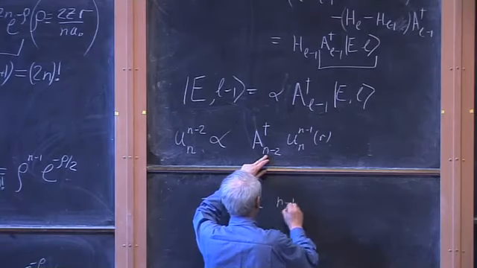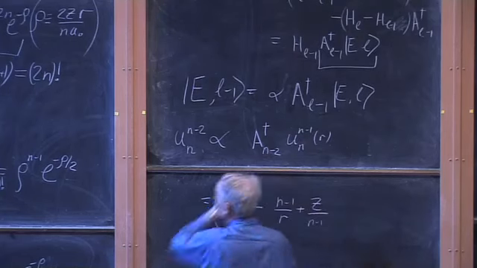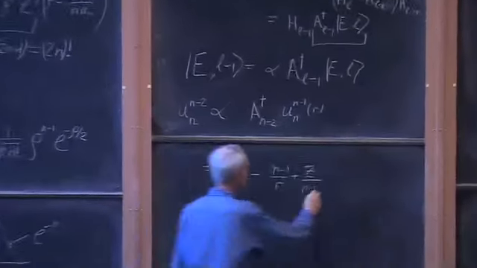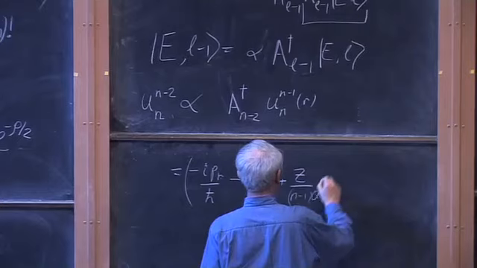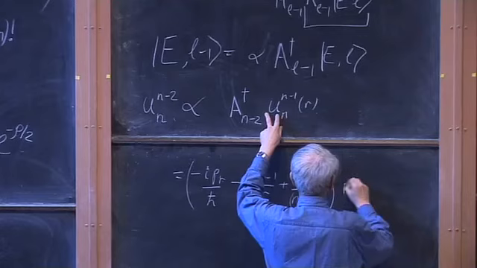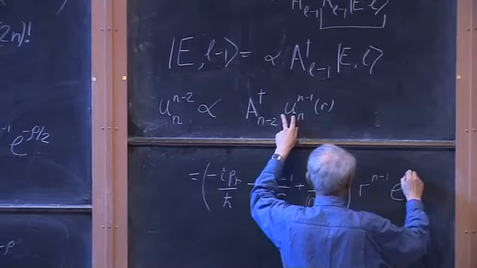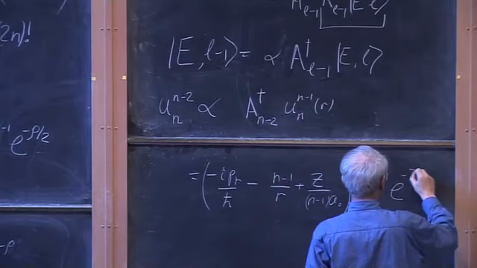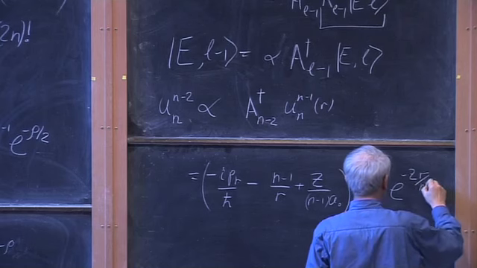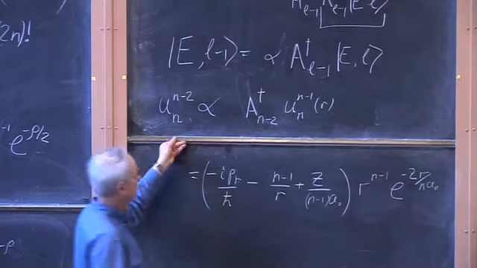So that's n minus 1 over r plus Z over, is it n minus 1, a_0. Close a bracket. What's that working on? It's working on this, which is r to the n minus 1, e to the minus Z r over n a_0. Hope I did that right.